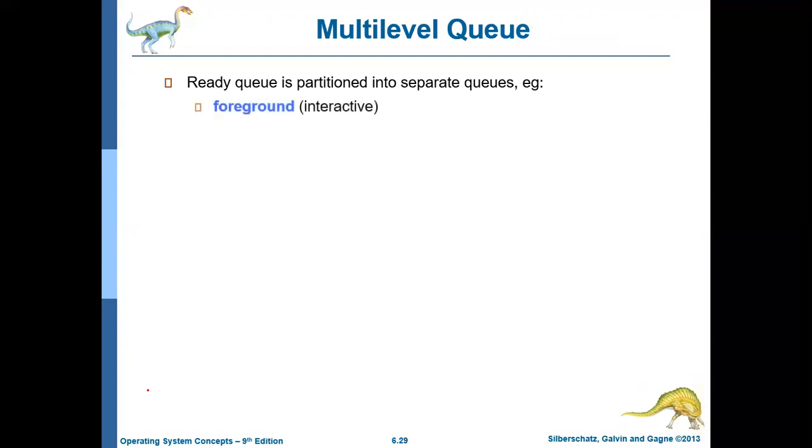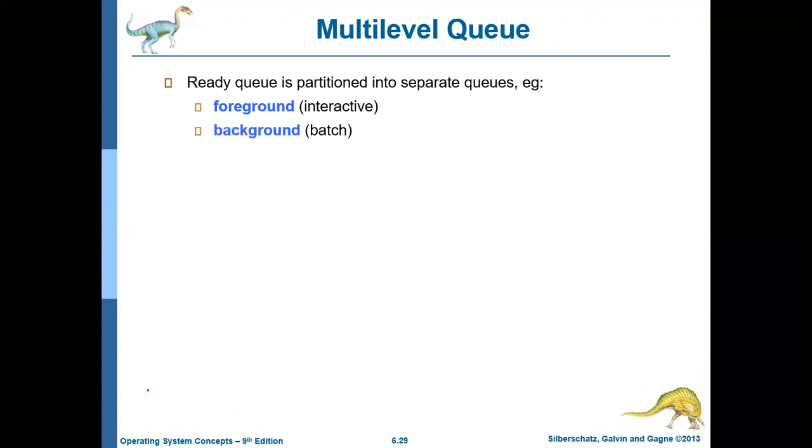Whenever a new process comes, it will be assigned to one of the queues depending on the memory required by the process, the process priority number, or the type of the process.